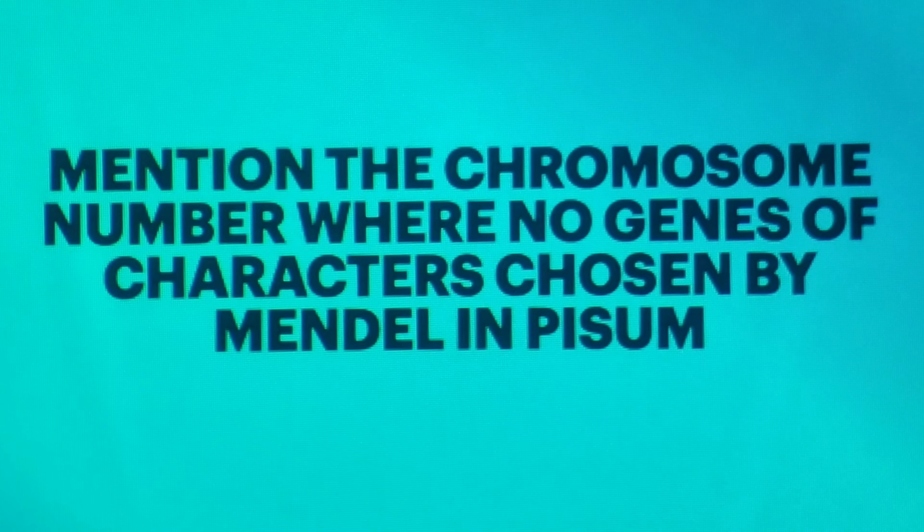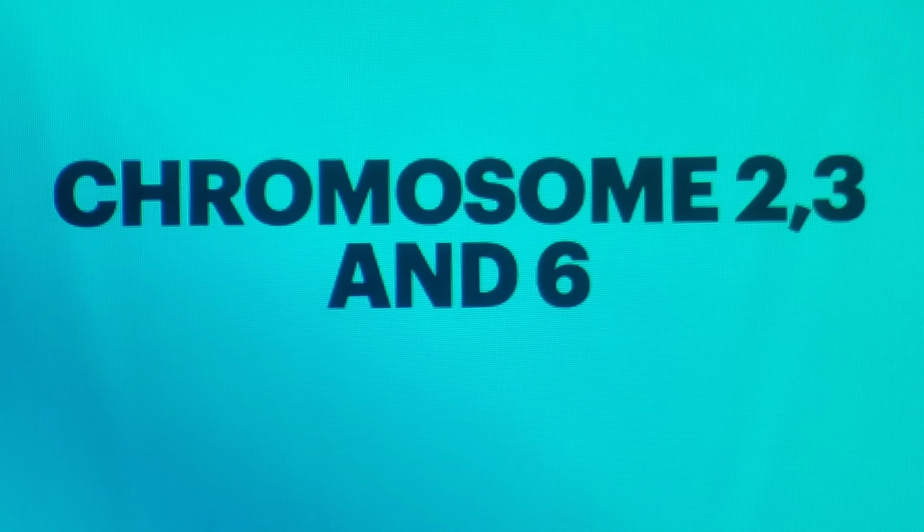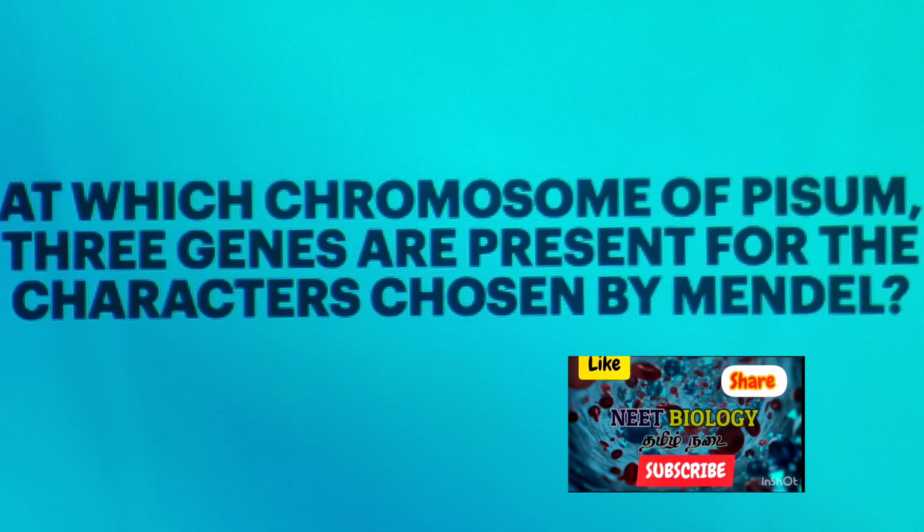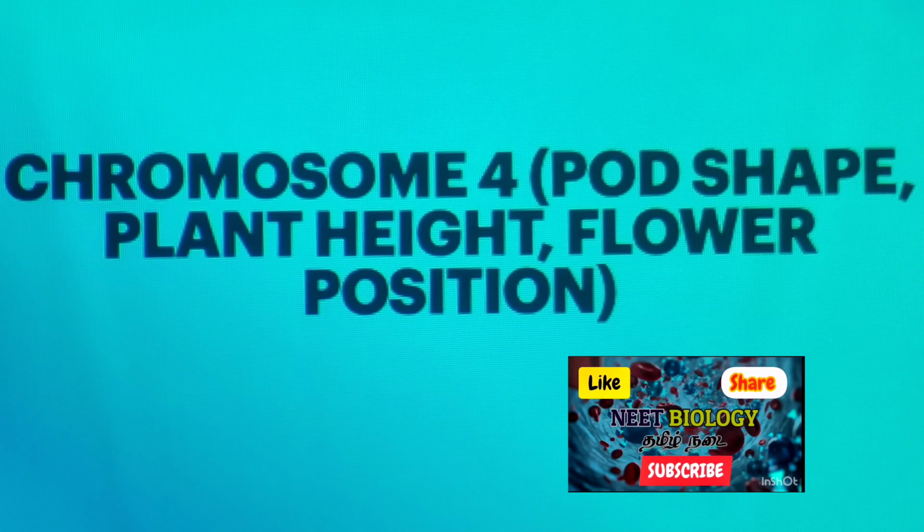At which chromosome of Pisum are the genes for flower color and seed color located? Chromosome 1. Mention the chromosome numbers where no genes of characters chosen by Mendel in Pisum are present. Chromosome 2, 3 and 6. At which chromosome of Pisum are 3 genes present for the characters chosen by Mendel? Chromosome 4.